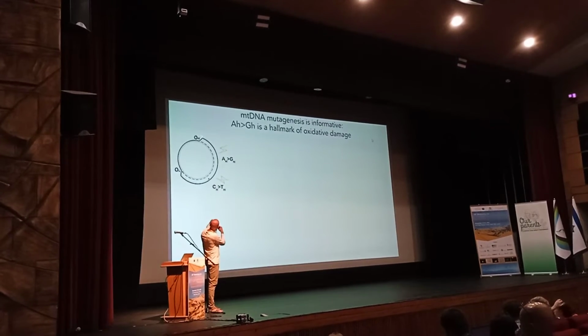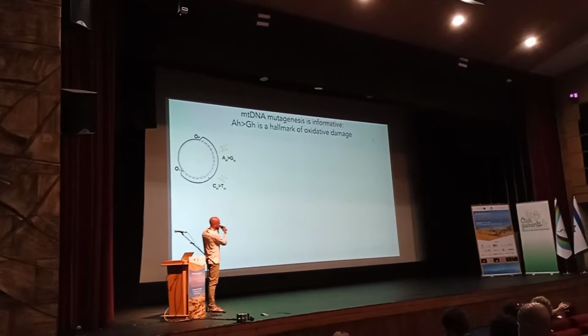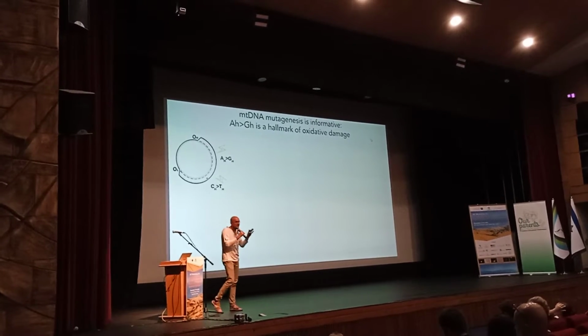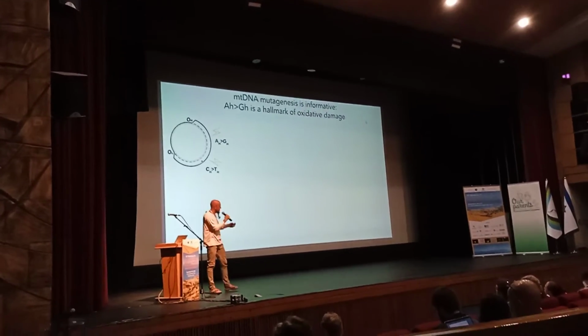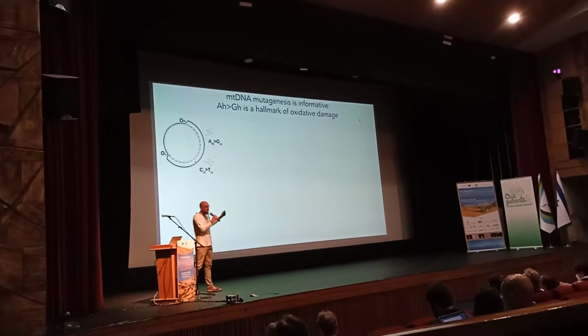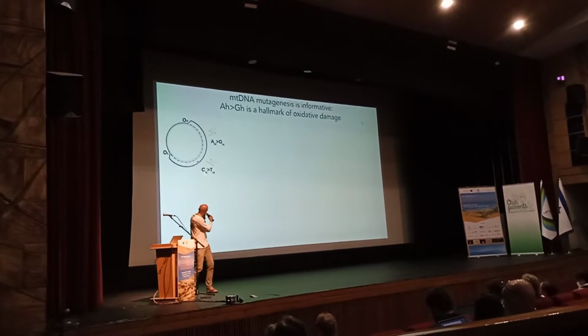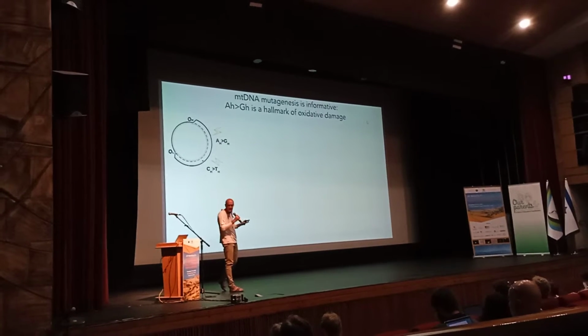During this time, the parental heavy strand is single-stranded, so it's more or less naked. This state is very prone to accumulating mutations. The majority of mutations, transitions such as A to G and C to T, occur on this heavy strand. That's why we use this H symbol. So mutations originate on the heavy strand.